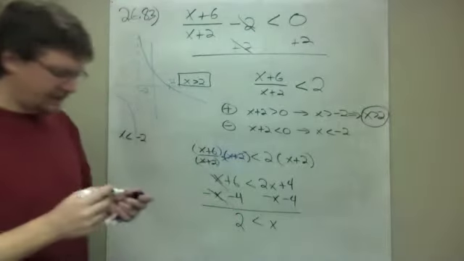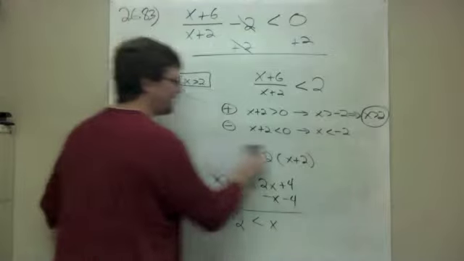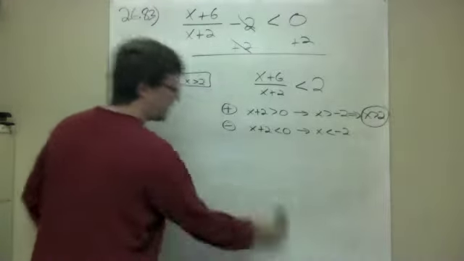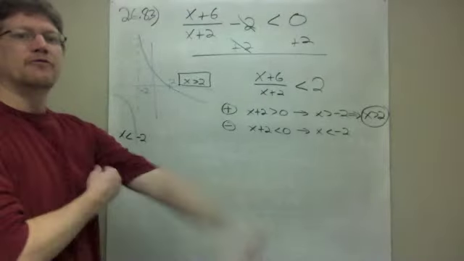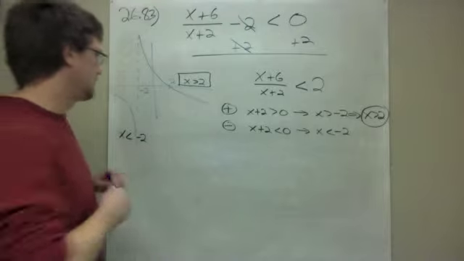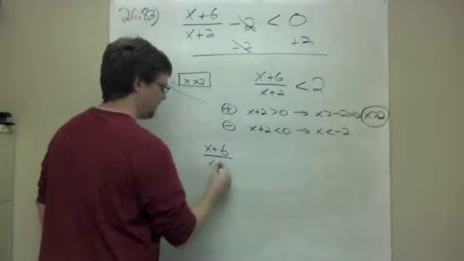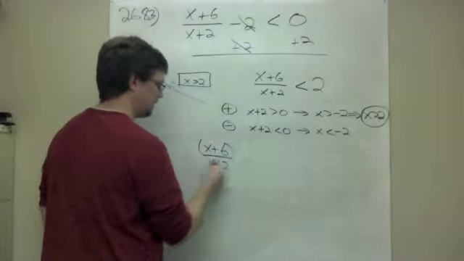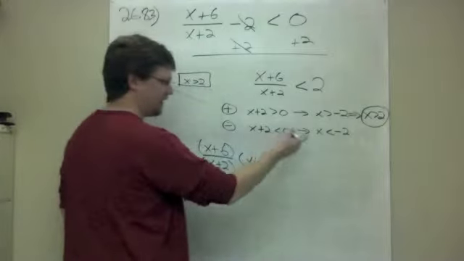All right, now what about the negative side? On the negative side, x plus 2 is a negative number. So when I multiply both sides by that negative number, I'm going to have to flip my inequality sign. So we're going to get x plus 6 over x plus 2, multiply by our x plus 2, which is sadly negative.